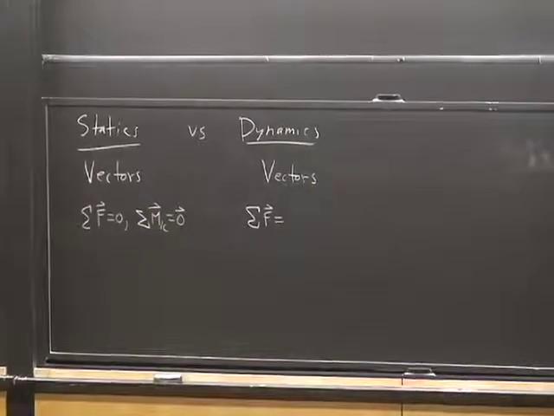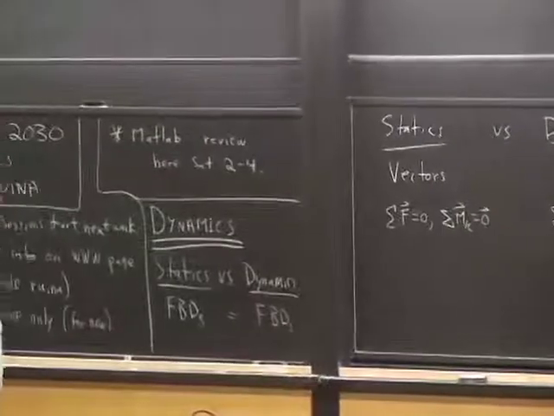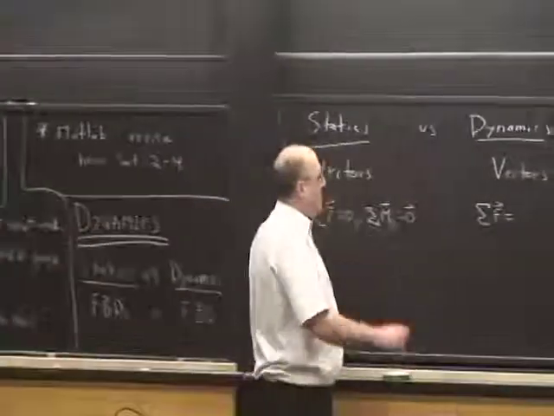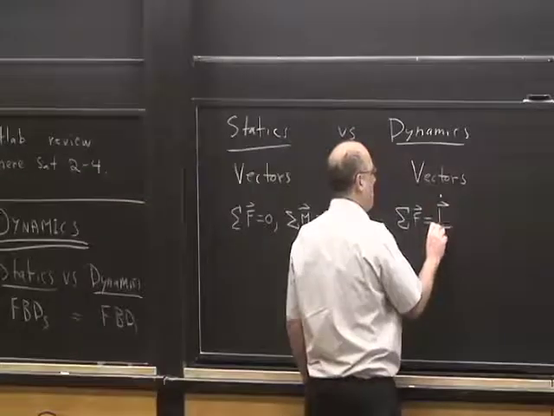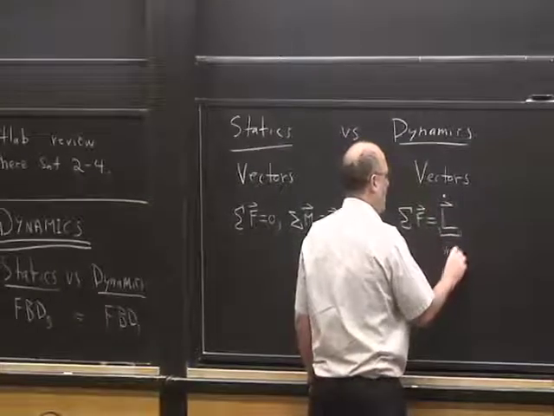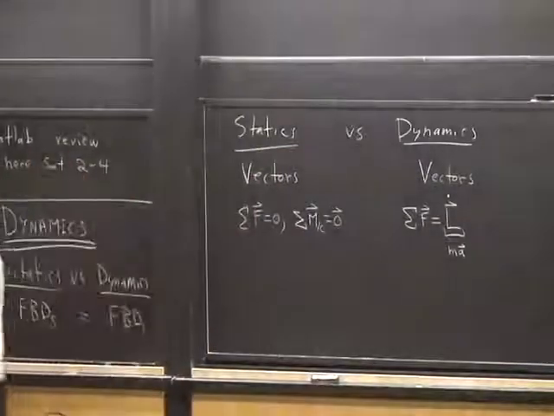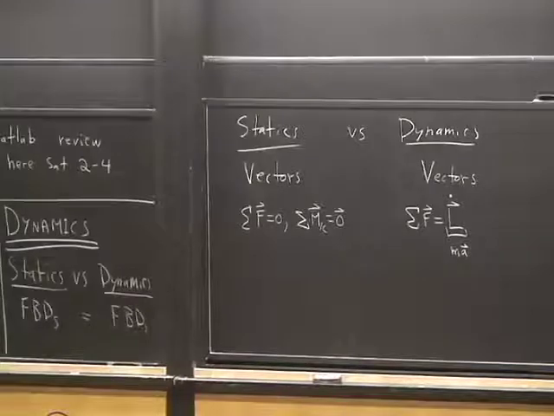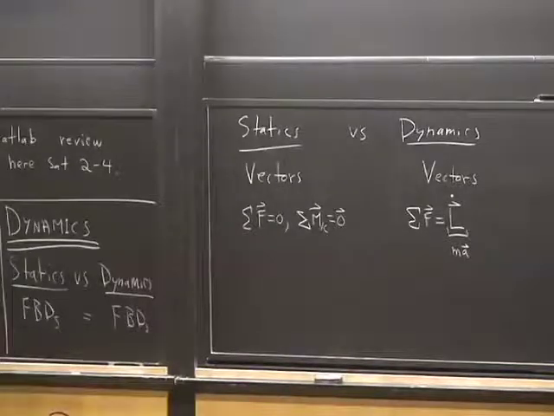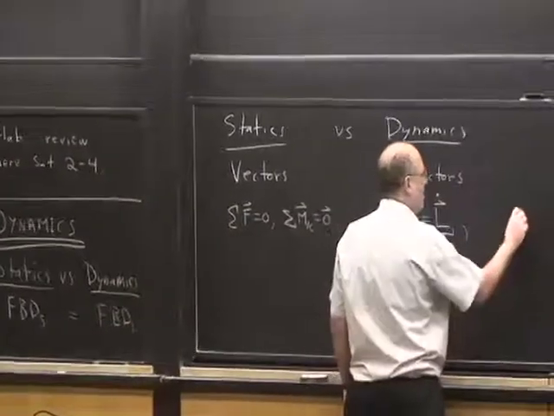The idea is that the forces add to 0 if there's no acceleration of mass, or if the acceleration of mass is negligible. And in dynamics, the forces add up to what makes the thing accelerate. You can call that mass times acceleration, or you can call it the rate of change of linear momentum, L for linear momentum, as opposed to H for angular momentum.